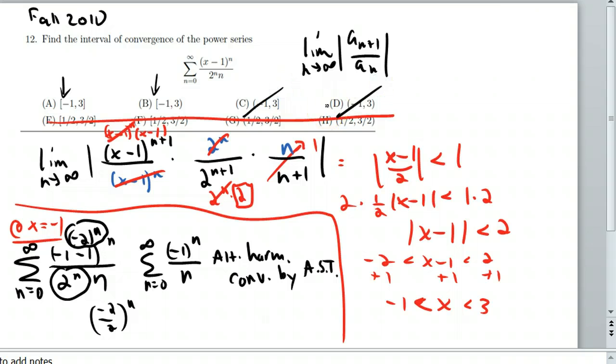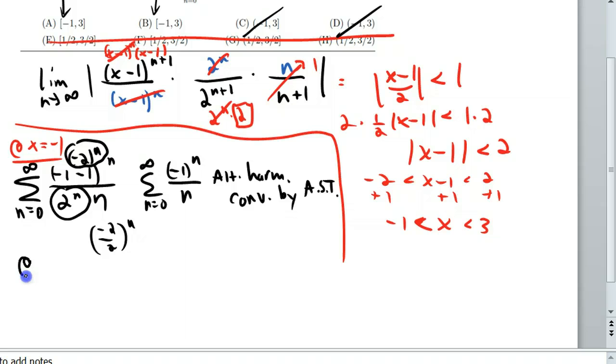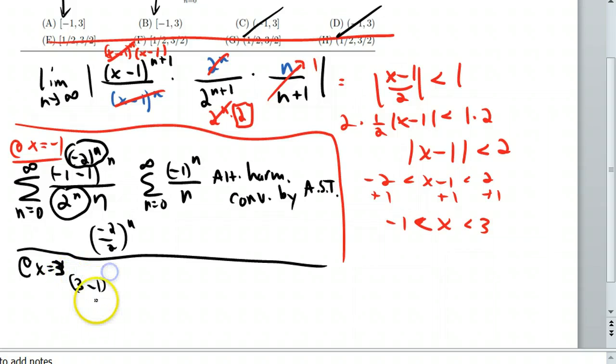Now we're down to find out what's going on at 3, and at x equals 3 what will happen is we get just the regular harmonic. At x equals 3, what we get is 3 minus 1 to the n all over 2 to the n times n from 0 to infinity, and that's 2 to the n over 2 to the n, which is just 1 to the n, which is just going to be 1 for us.